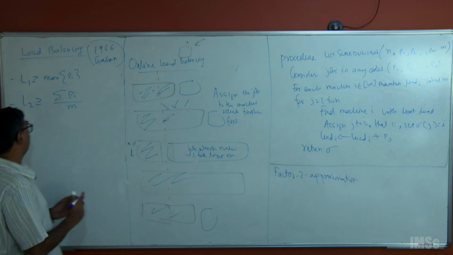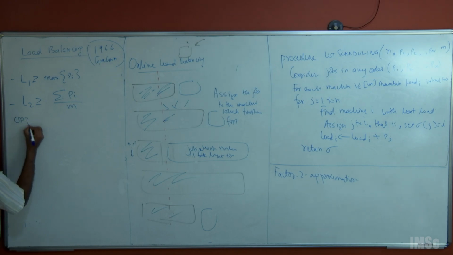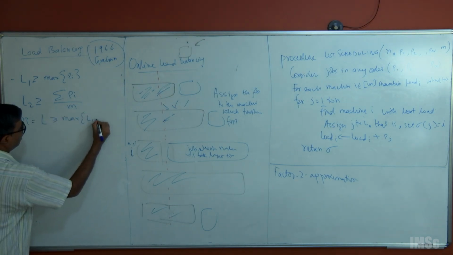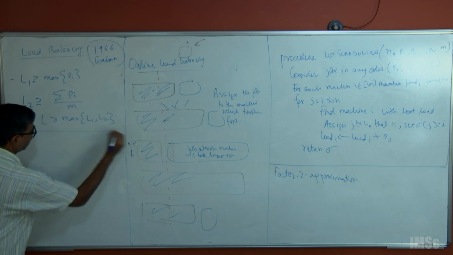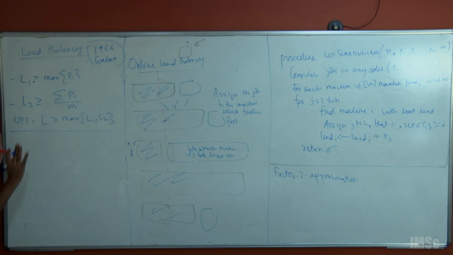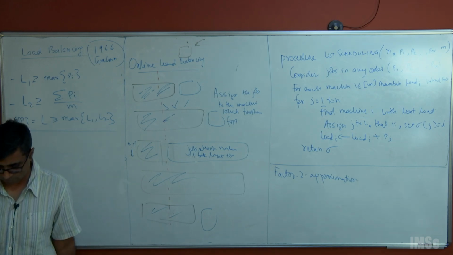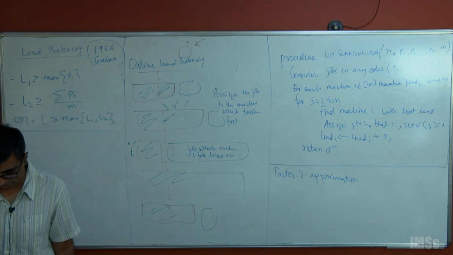That's it. So OPT is greater than or equal to L, which is the max of L1 and L2. So we will just work with these two basic lower bounds on OPT, and we will be able to prove this. Is that fine?